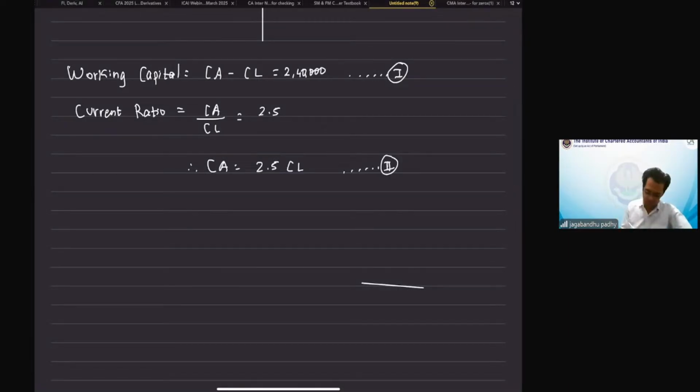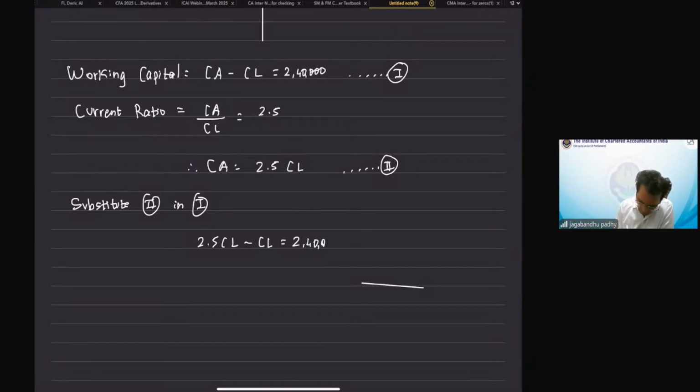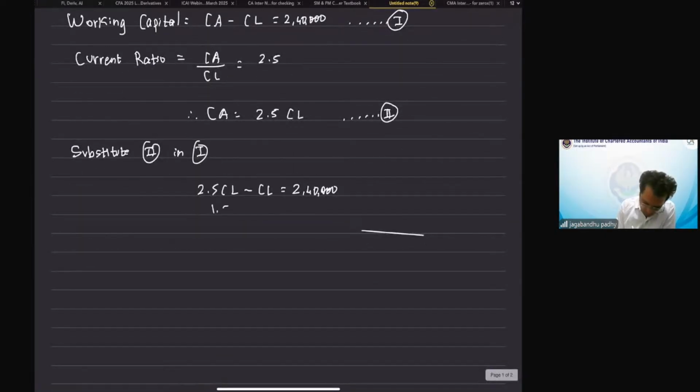What we need to do is simply substitute 2 in 1. When we substitute 2 in 1, we say current asset minus, in place of current asset, we'll say it is 2.5 current liability, minus current liability is 2,40,000. 1.5 current liability is 2,40,000.